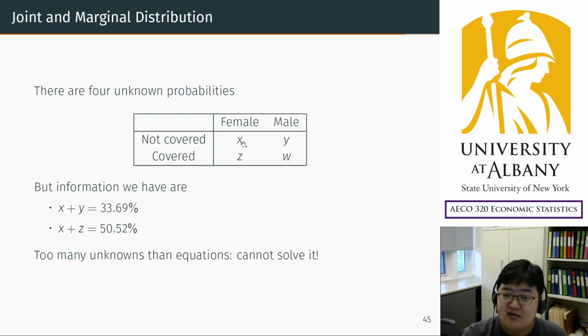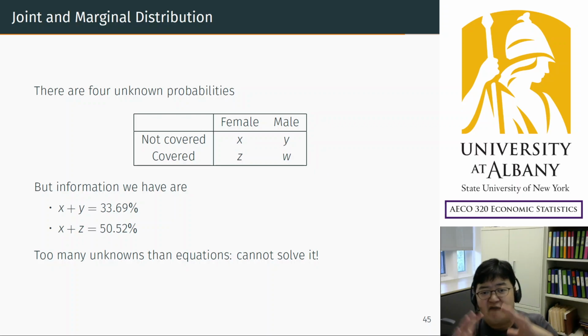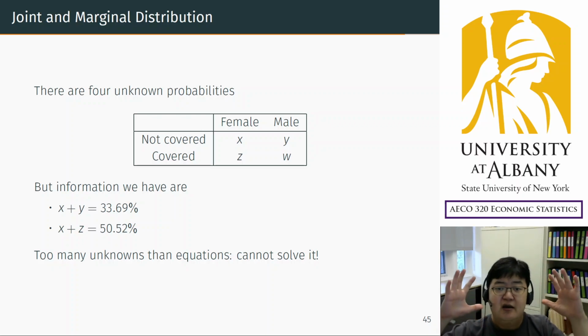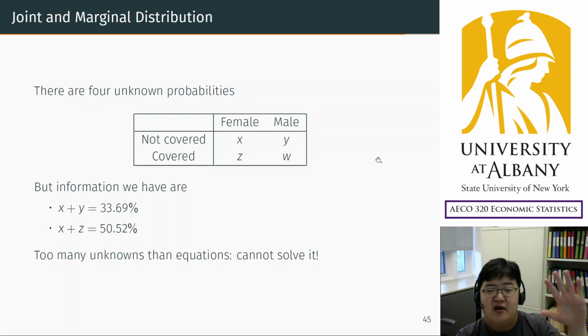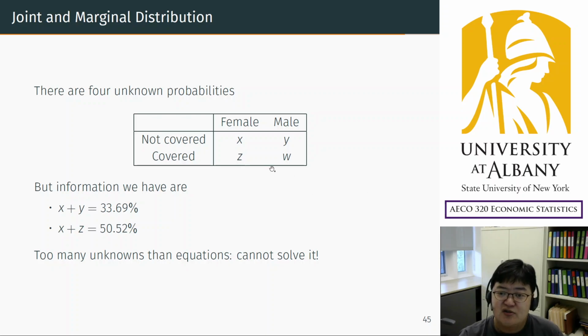And to see this better, let's think about this problem in general. What we want is a 2x2 table. There are 4 possible outcomes, so what we want is 4 probabilities. We denote them using 4 letters, x, y, z, w. They are unknowns. We would like to solve for these 4 unknowns.